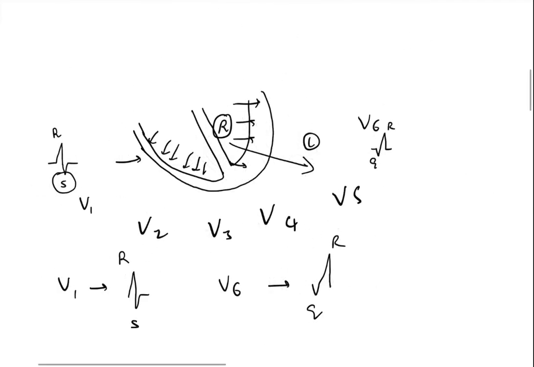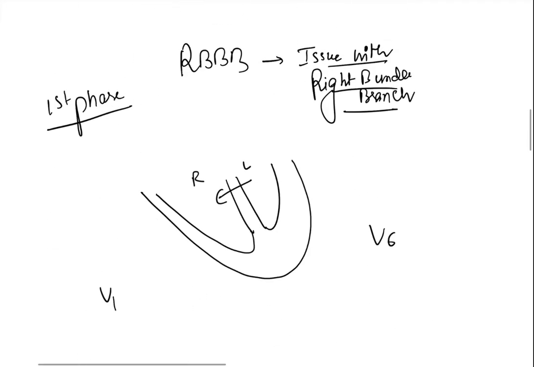After understanding this concept of ventricular depolarization, we'll move on to right bundle branch block. Here the main issue is the right bundle branch, which is getting affected due to a variety of reasons, organic, any pathology or something like that. As we know, ventricular depolarization has two phases: the septum gets depolarized first, followed by the ventricular myocardium.